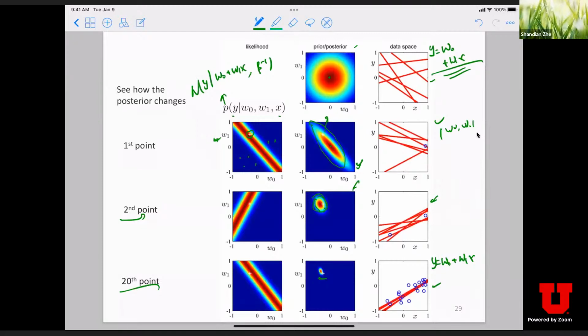Ideally, we want this value to achieve its maximum when W0 and W1 are the ground truth, which is Y cross. However, because Y is corrupted by some noise, it won't be guaranteed to be maximum when W0 and W1 are the ground truth. But if you're close to the ground truth, you still get high likelihood.